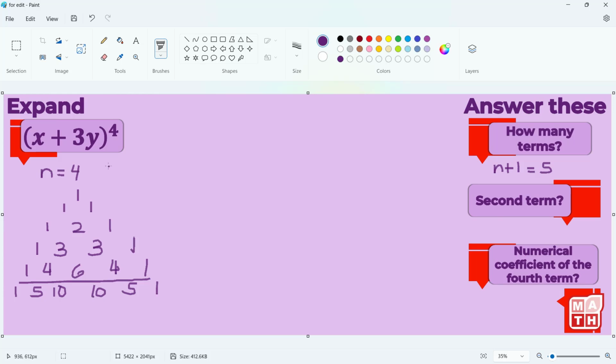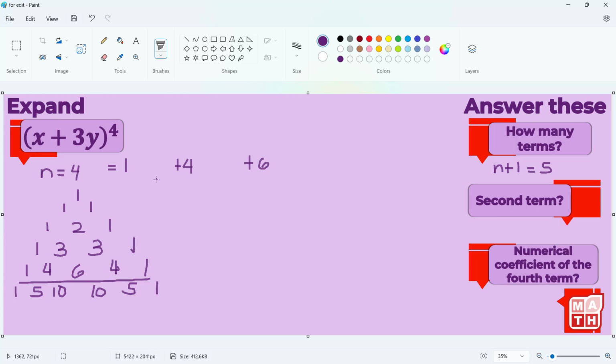In short, the expanded form will have these coefficients, but these may not be the final coefficients, only preliminary coefficients. We have 1, and then here plus 4, and here plus 6. Why do we use plus 4 and plus 6? Because they will be combined into one expression.